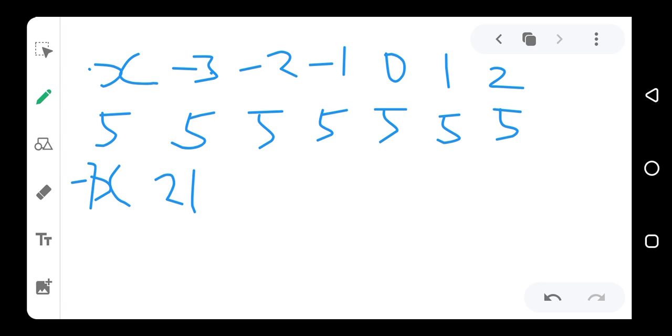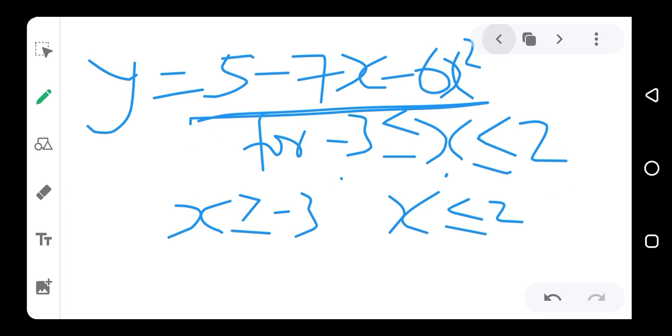We now have 14, we now have 7, then 0, then minus 7, and we have minus 14.